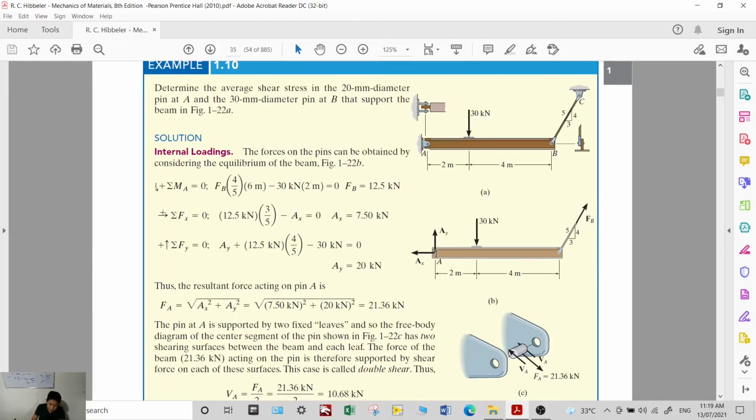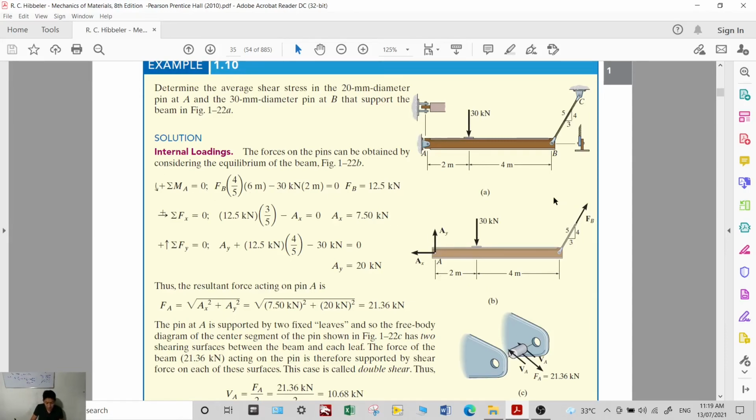So when you sum moments, the forces involved are the 30 and this one. Counterclockwise positive.